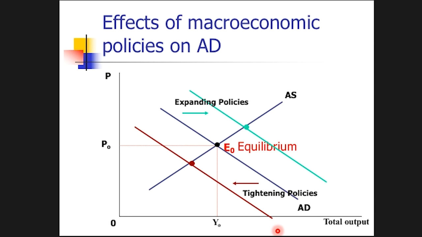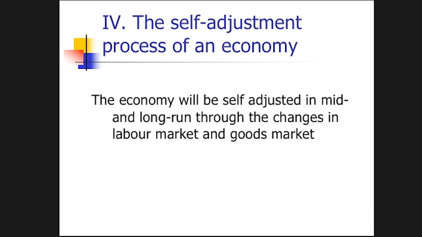In fact, if we don't use any policy, meaning no intervention of the government, the economy will also be self-adjusted in mid-run and long run. So the mechanism of the self-adjustment of the economy is explained in part 4, the last part of this lecture.